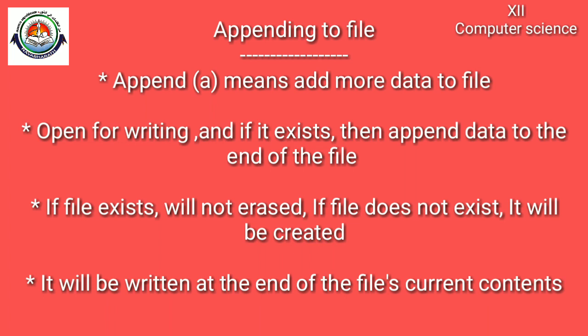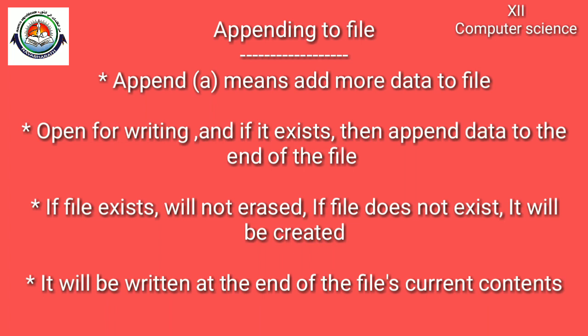In such a case, use the access mode A. R is used for reading data, W is used for writing data, but A is generally used for appending data to a file, which means open for writing, and if it exists, then append data to the end of the file.